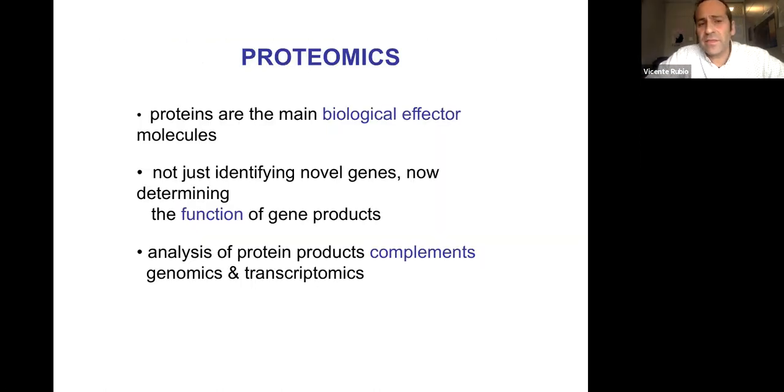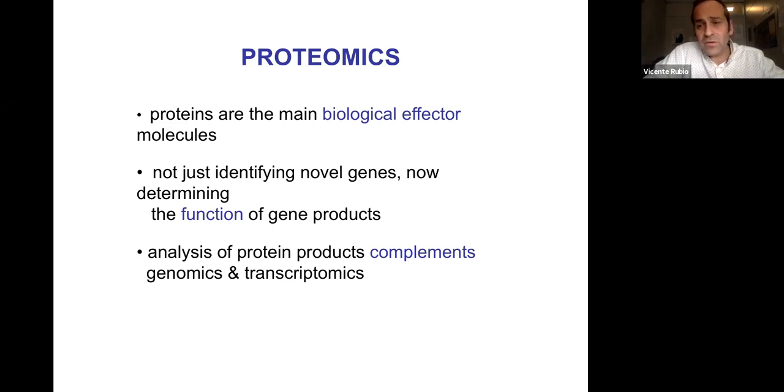What we want to do with proteomics is to characterize different issues on these proteins. We can make a classification of proteomics depending on what we want to study: the function, the expression, the abundance of those proteins, and also the structure.